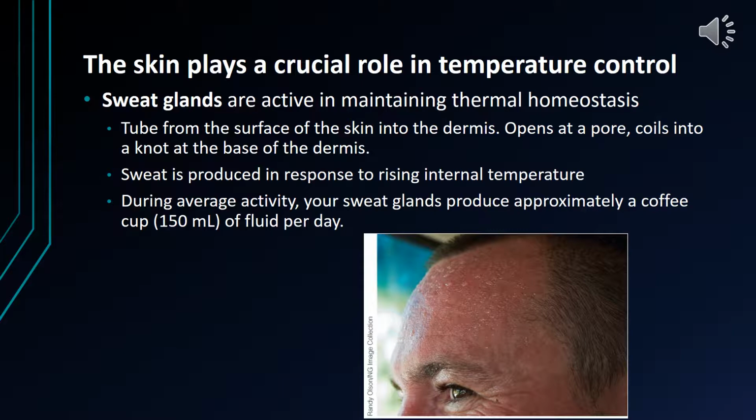They open at a pore, and down within the dermis, these tubes are coiled into a knot. And we produce sweat in response to rising internal temperatures. During average activity, your sweat glands produce approximately a cup, or 150 milliliters, of fluid per day.